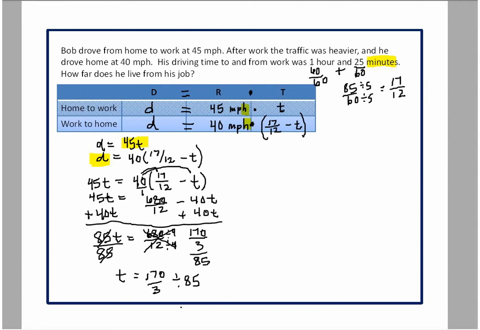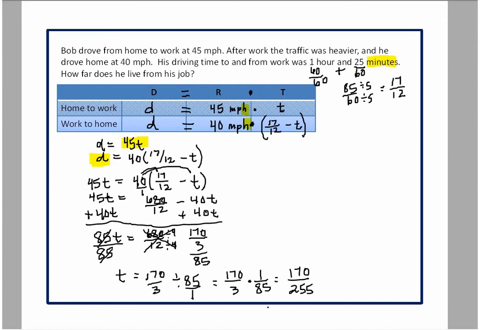So this becomes 85 over 1. And we're going to flip the second fraction and multiply. So 170 over 3 times 1 over 85. So 85 times 3 is 255. So we have 170 over 255.